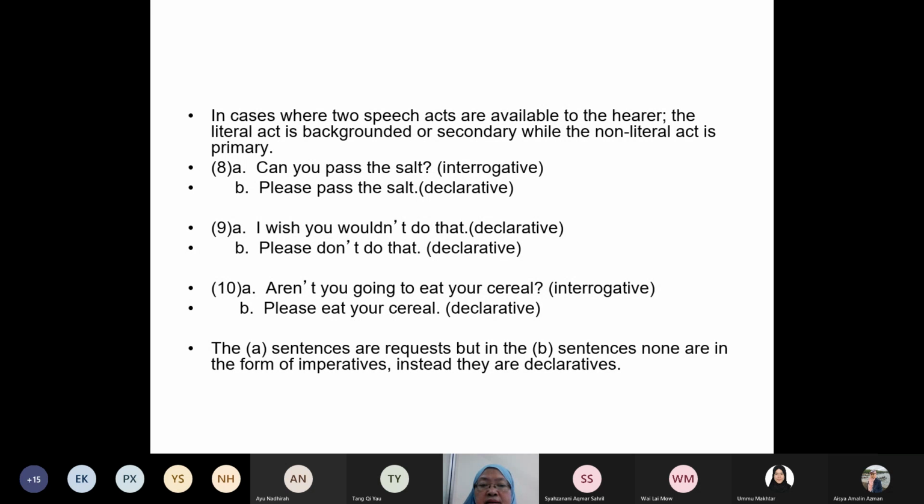I don't think 9A is a question. 9A is a statement, and 9B is also a statement. How is it that you see it as a question? I thought that all of the A sentences should be interrogative. Only 8 and 10 are interrogative. I wish you wouldn't is a declarative. Oh, I see. Okay. Thank you, Doctor.